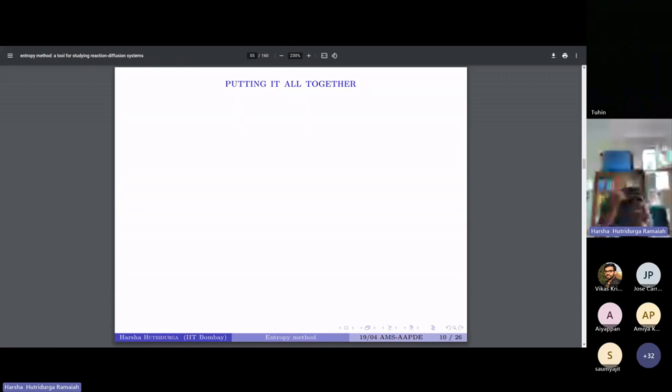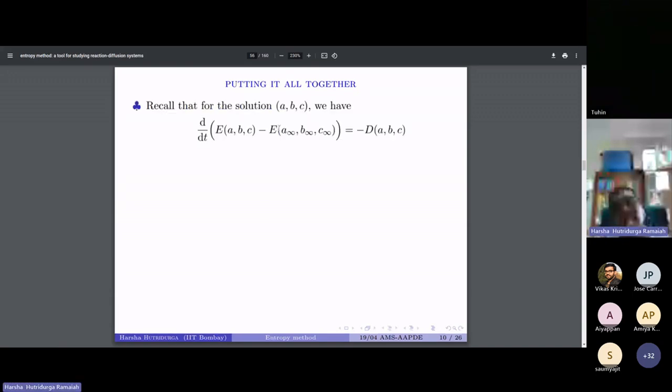So what have we done so far? One observation is that A infinity, B infinity, C infinity are constants, right? So when I compute the entropy of these three constant functions, you again get a constant. So when I time differentiate a constant, I get 0. So essentially, earlier we had, if A, B, C is a solution to the 3x3 system, the time derivative of the entropy is negative of the dissipation, right?